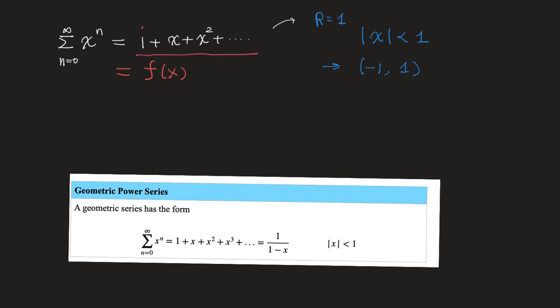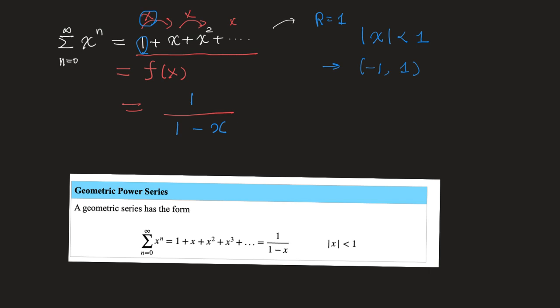This is a geometric sequence: 1, x, x squared, x cubed. So this is a geometric series, and we can find the sum. The first term is 1, the ratio is x, so the sum is 1 over 1 minus x.